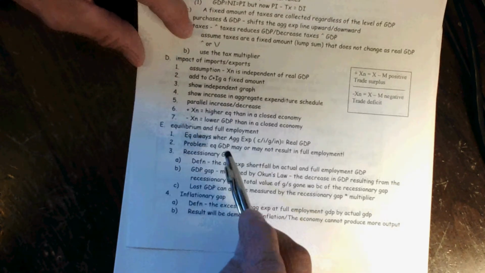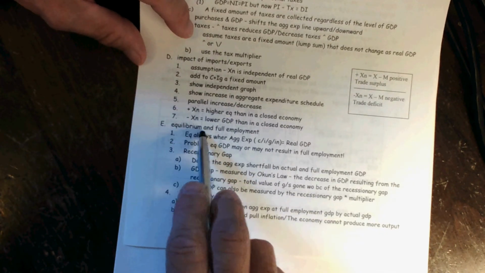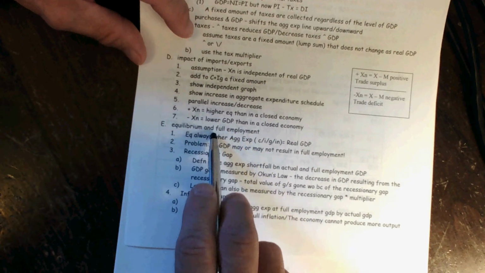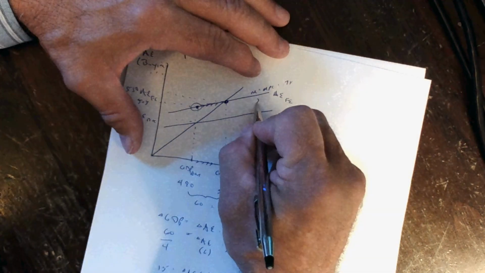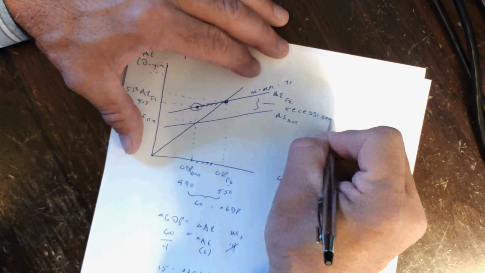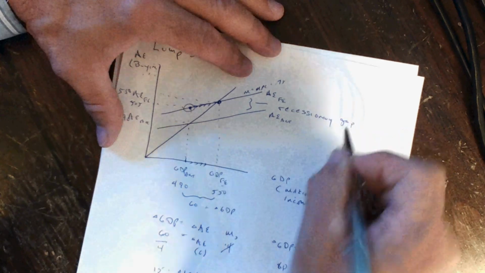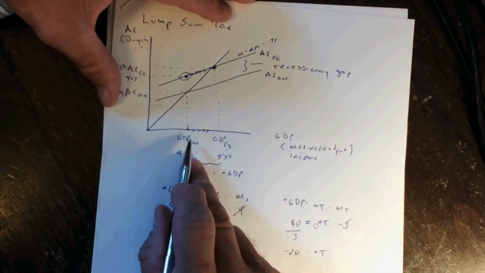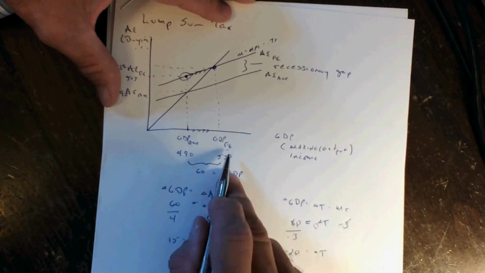Okay, so we discussed a little bit the difference between equilibrium, full employment, and our actual equilibrium. In this example, this would be a recessionary gap because actual GDP is below full employment.